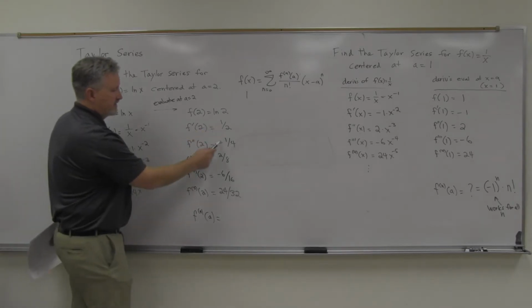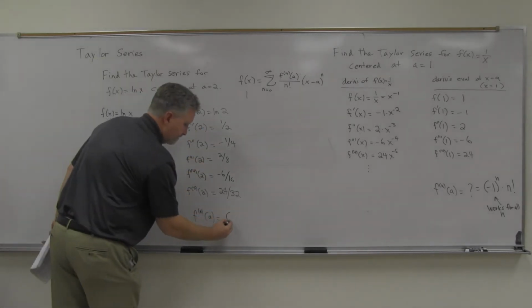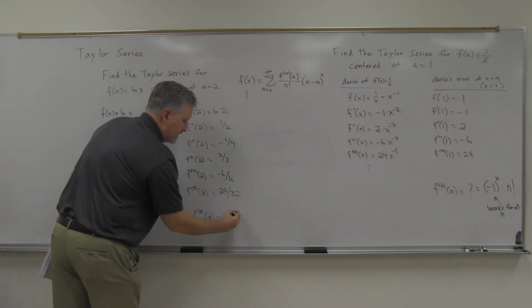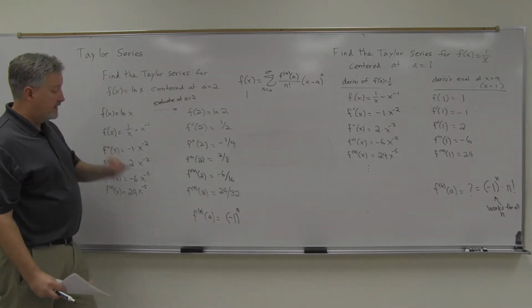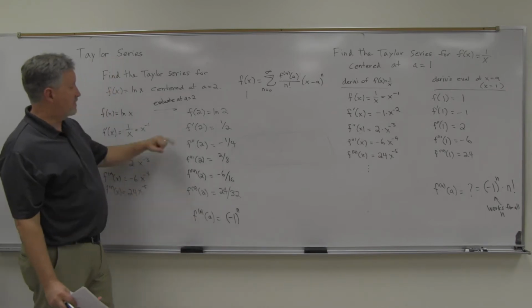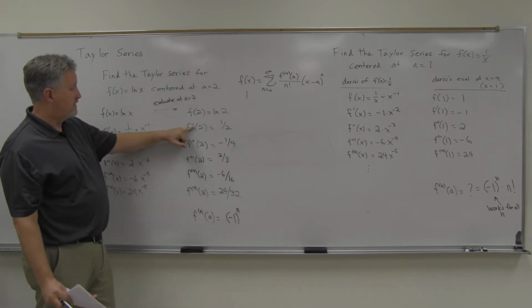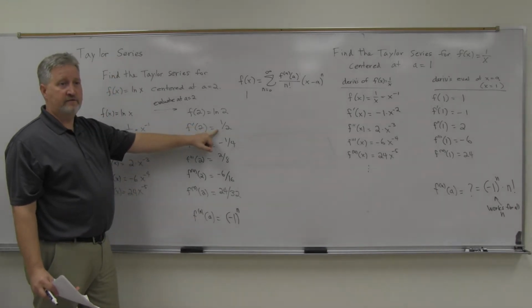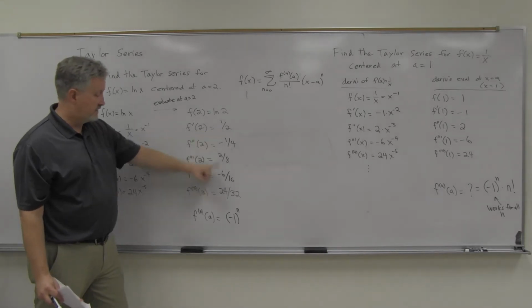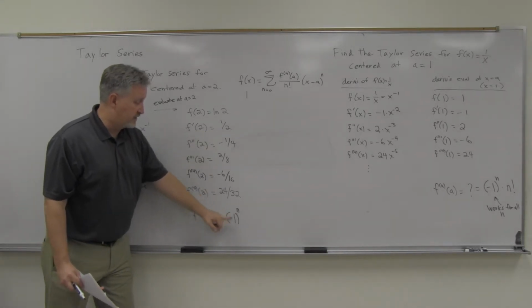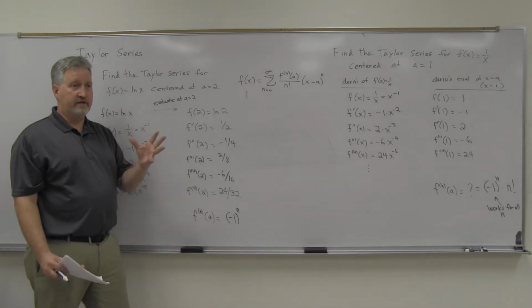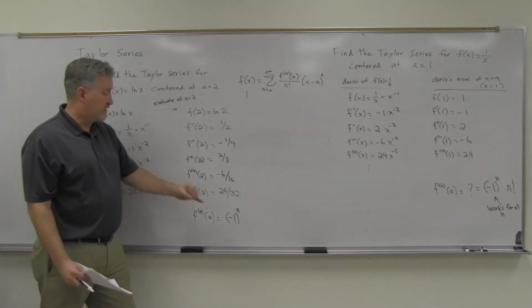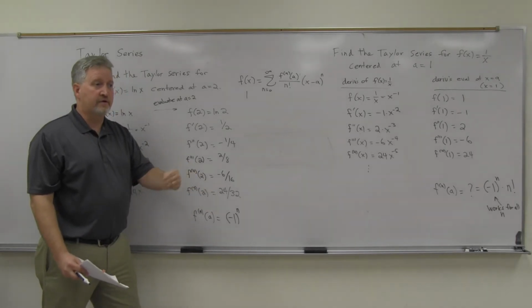Well, once again, it looks like we got the alternating signs. Now, the problem is, I think on this one, negative 1 to the n actually won't work because at n equals 1, I need it to be positive 1, right? It needs to be a positive 1. If I just leave it negative 1 to the n at n equals 1, that would be negative 1. And so I need to make a little bit of an alteration there. And you can either do n plus 1 or n minus 1.